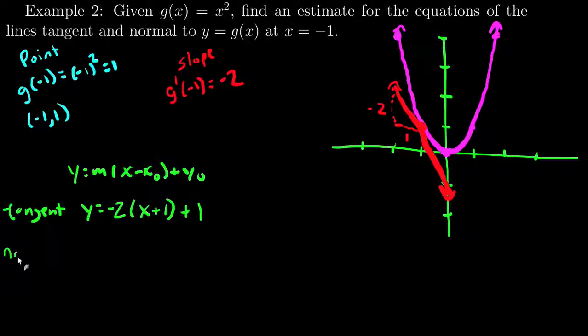And for the normal line, I'm going to use the same point, so this portion of the equation will be the same, but I want it perpendicular, so I'll use the opposite reciprocal slope. So instead of negative 2, change the sign, flip the slope, I get 1/2 x plus 1 plus 1.